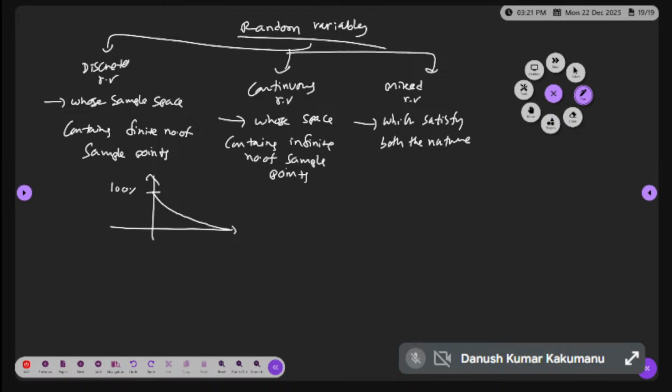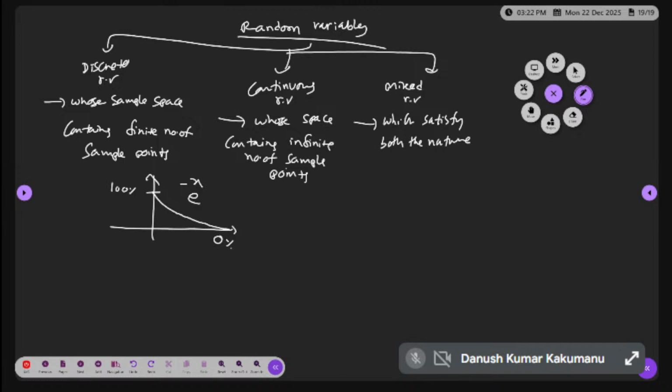What is this distribution? Is it a continuous or discrete process? Continuous. All students, you are discrete. Subject completion is continuous. This process is what? Exponentially decaying, from 100 percentage to 0 percentage. It is exponentially decaying. You're understanding?